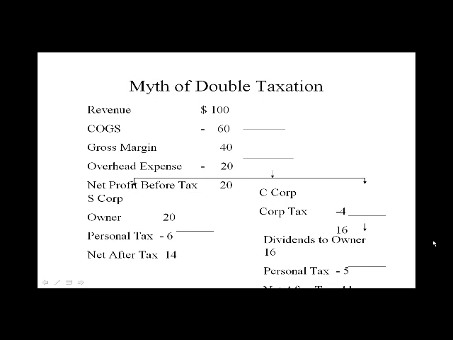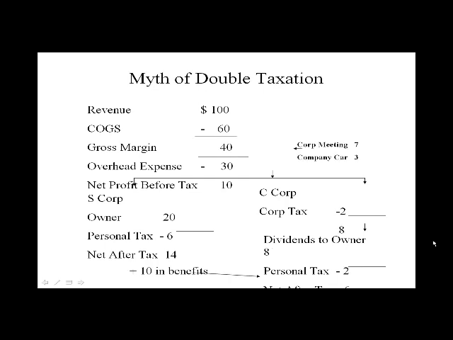Now that $16 or thousands goes out as dividends to the owner. Mentioned that word before, dividends. The owners, the stockholders, have to pay personal tax on those dividends, so they wind up with a net after tax of 11, a loss of $3. Doesn't make much sense. That's the problem with double taxation. It gets taxed at the corporate level, and then when it goes out to the owners as dividends, it gets taxed again.